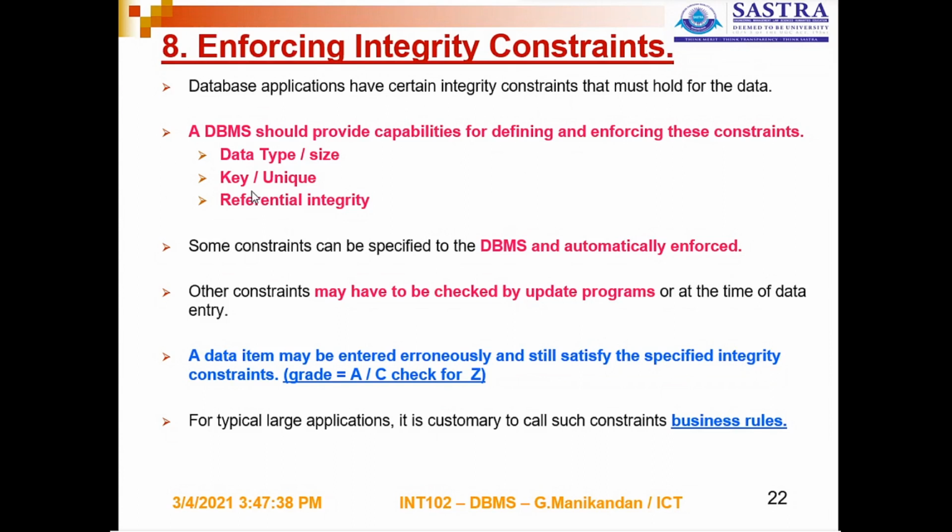So one example for a key is unique key or a primary key. If I make a particular field as a primary key, you cannot give null as an input, or you cannot give duplicate values for that particular field.